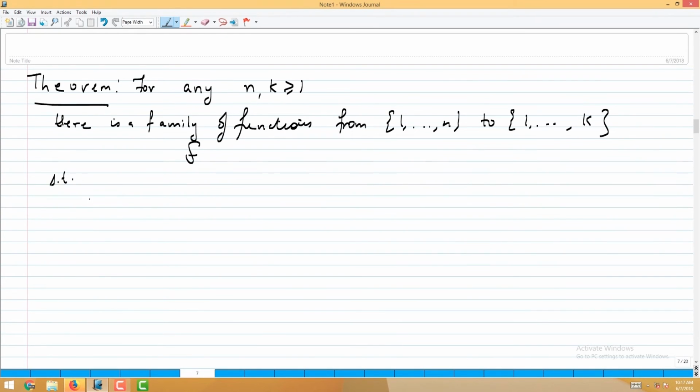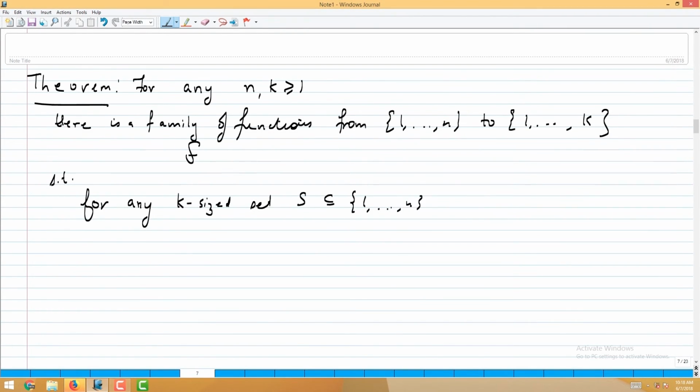If you look at any k size subset of this set from 1 to n, there is a function that maps this set injectively into 1 to k. I'll write it down first. For any k size set S, subset of 1 to n.